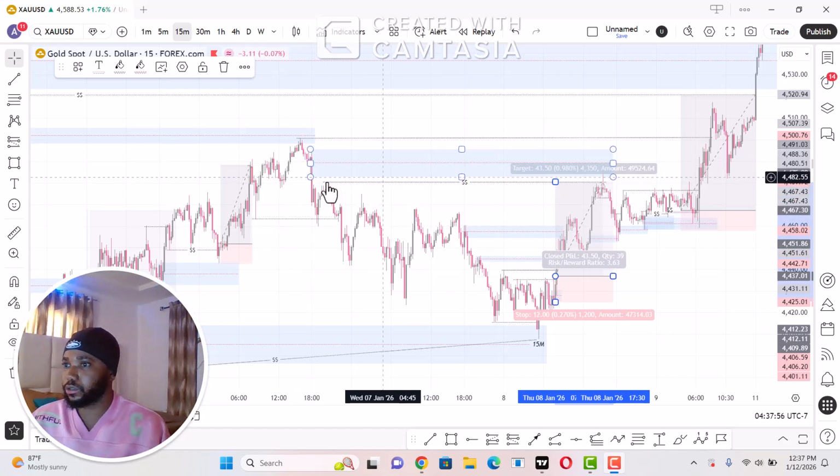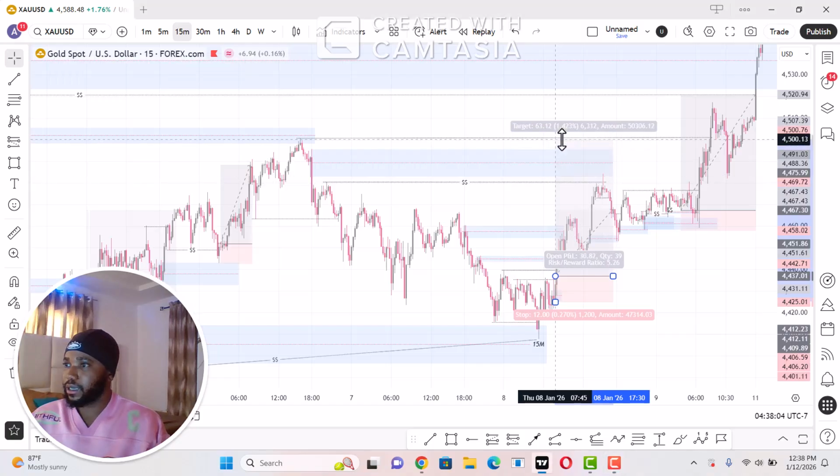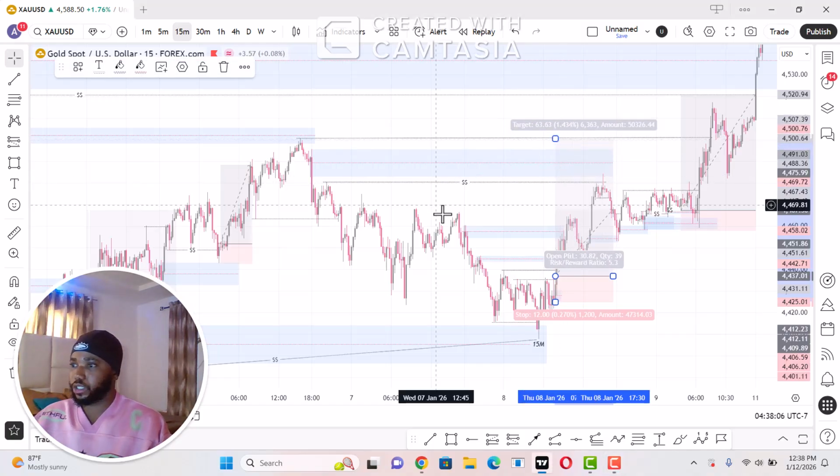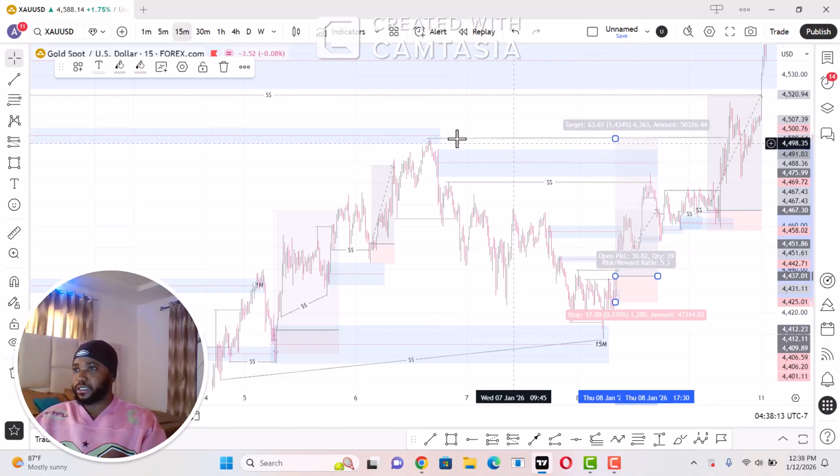That's why I was targeting this area, but I later changed my mind to this area. The way the structure is, the market is definitely going to cause this break of structure. That's why I targeted this last high.